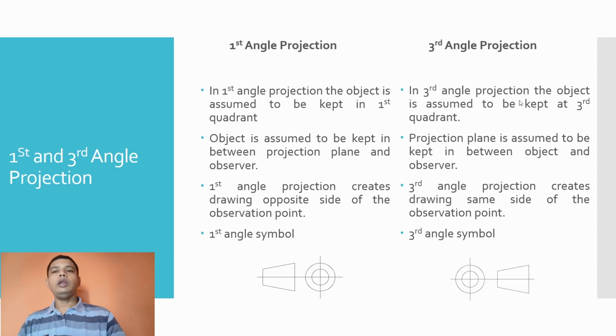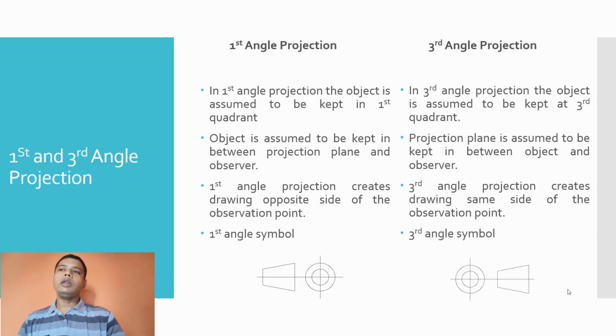And in the concept of quadrants, these are the horizontal and vertical planes. Now, it is a very important comparison. You have to learn it carefully, because if you don't understand first angle projection and third angle projection, you will be very prone to make mistakes during drawing production.